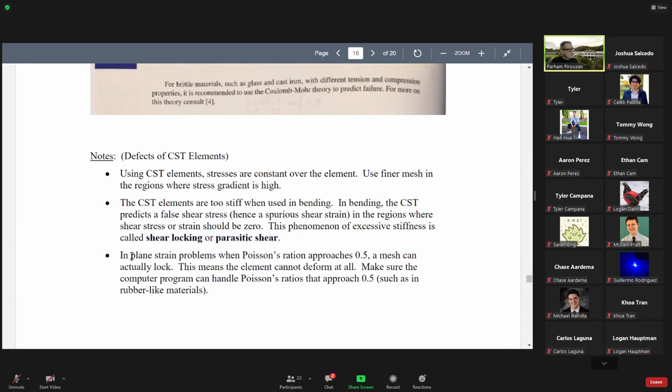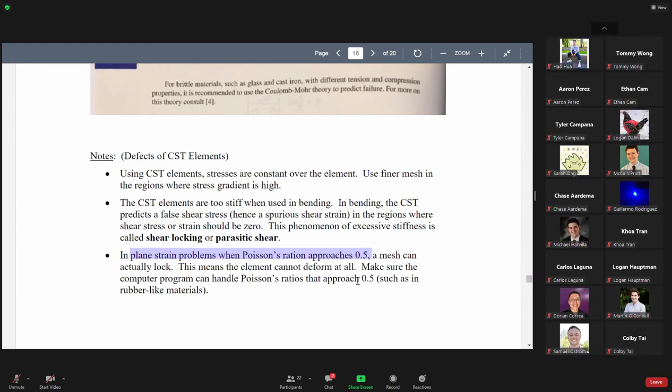Also, in plane strain problems, when Poisson's ratio is 0.5, remember we discussed this before, it causes some problems. Sometimes programs cannot handle this because it would be divided by 0. So in those types of problems, we have to pay attention when Poisson's ratio is 0.5, so the program can handle this.